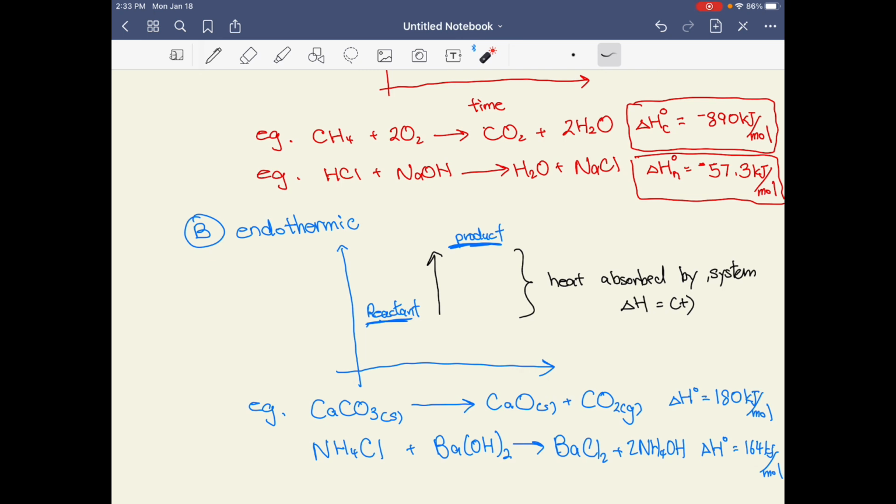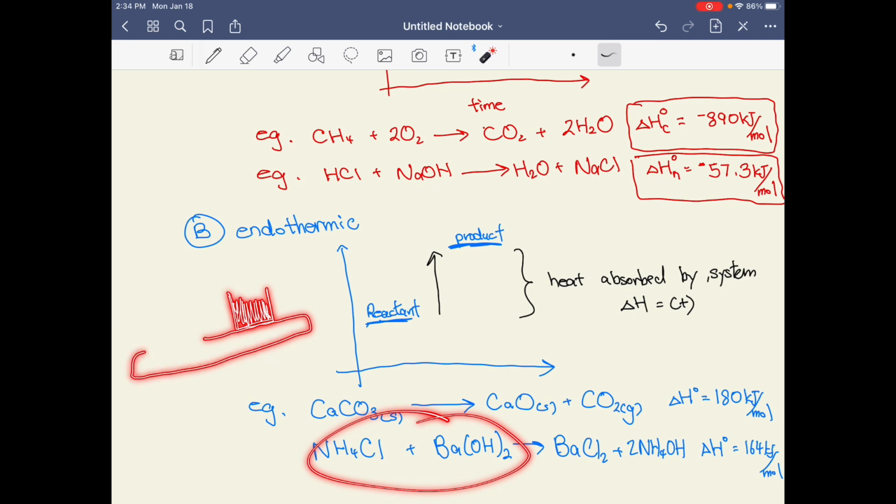All right, so you can pretty much bet that if I were to take these two things and mix them in a beaker right here, with a ruler right here, and let me put some water here, you'll notice if I do this reaction, this beaker will stick to this ruler because the water right here will turn to ice.